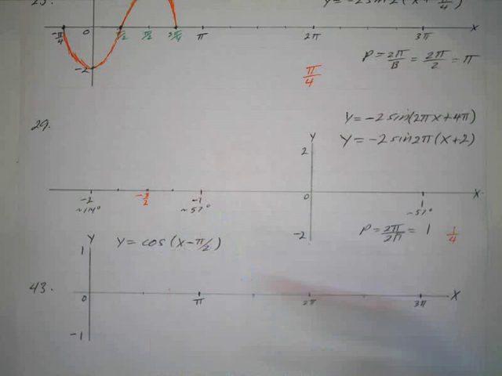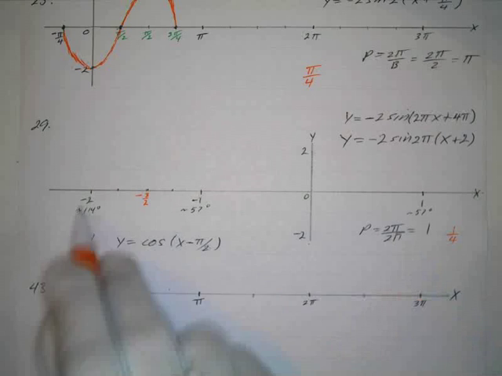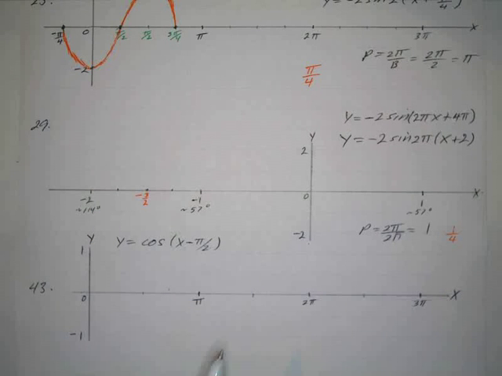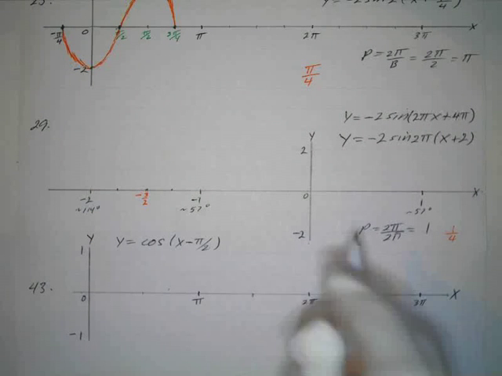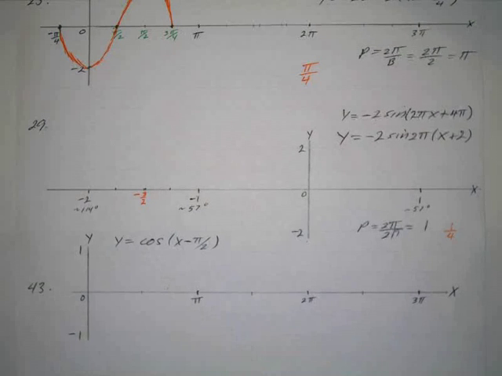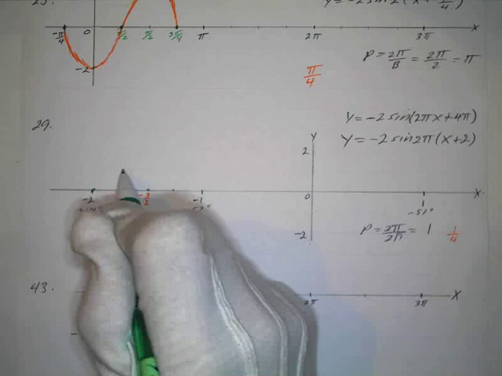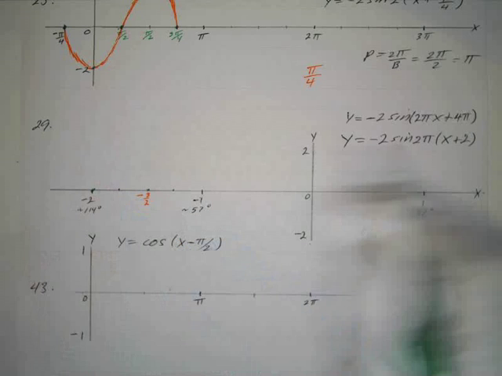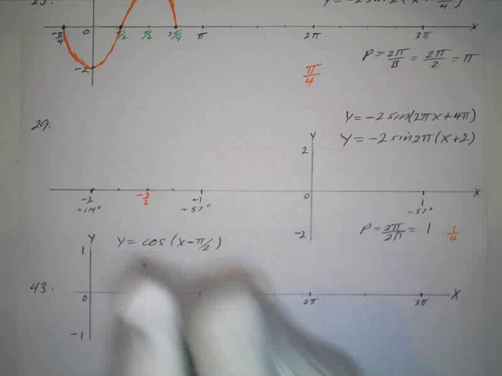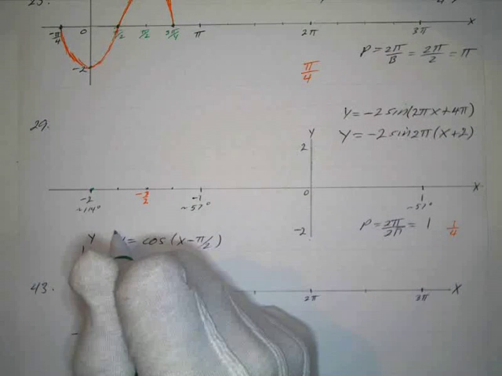This is going to be 1 period, the length of 1. So I'm just going to go from there to there, and I'll start at 0. That's no problem. And then usually I go up 1, but because I've got a negative 2 here, I'm going to go down 2. So I'll put it right here.